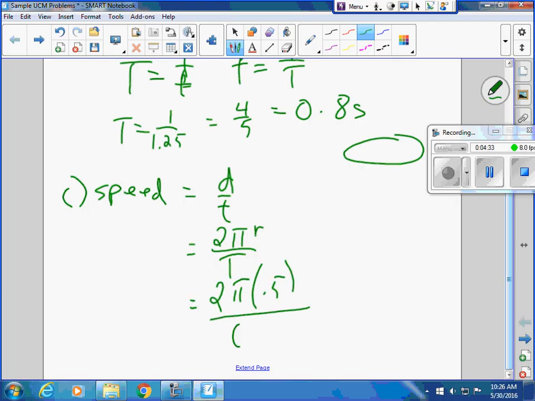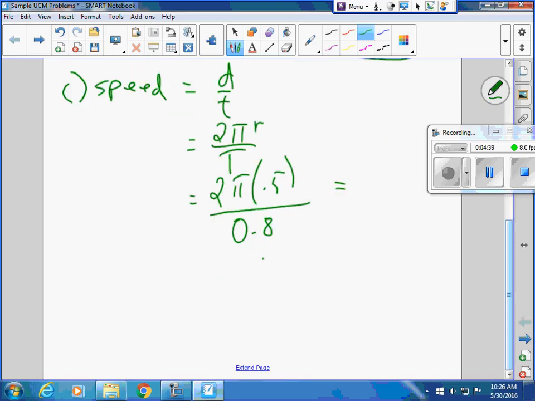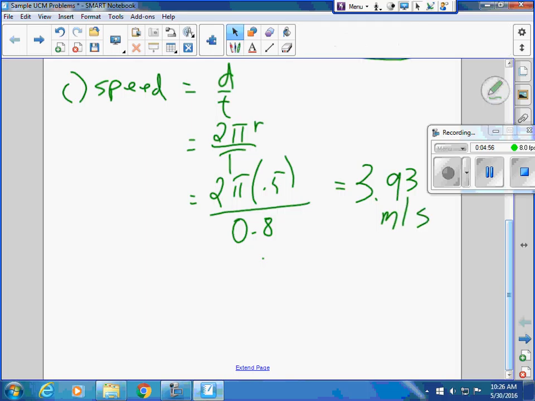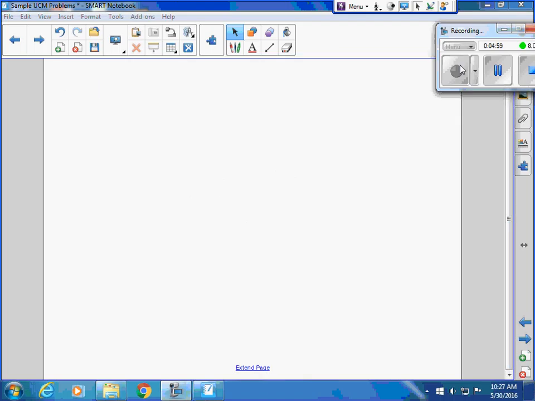Period was 0.8. Circumference, circle, circumference. You get 3.93 meters per second.